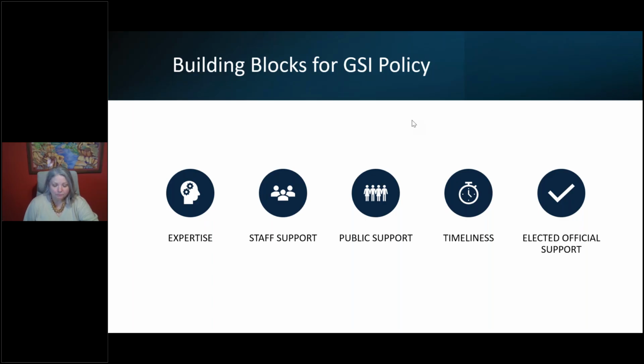Public support. Nothing passes a local city council without some public support. And this one was really interesting because we saw a lot of folks say they really like this idea for a lot of the co-benefits that Shannon talked about, not as much about the benefits that we're all thinking of, which is stormwater management and water quality.